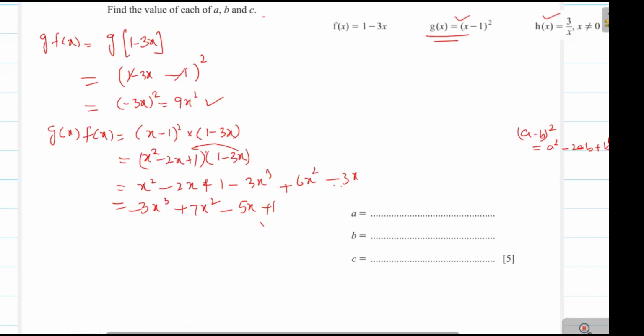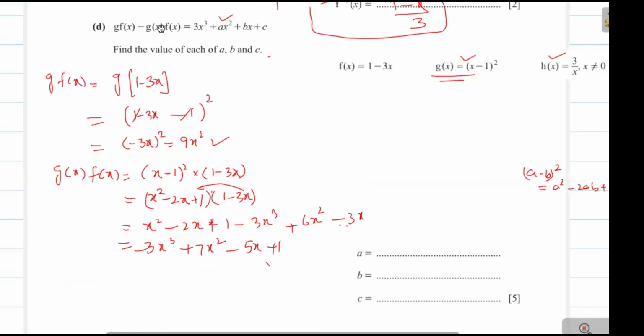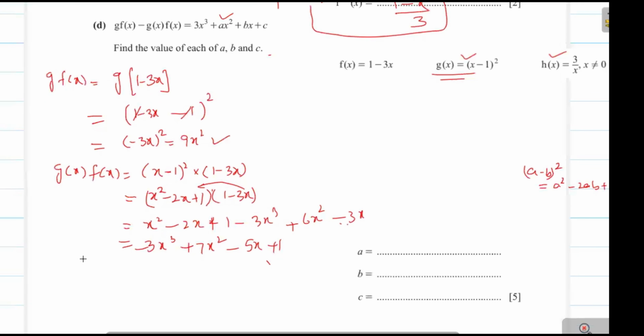Now we take the difference between these two sets. This is g f of x, 9x square, minus the value of g of x into f of x, which is minus 3x cube plus 7x square minus 5x plus 1.